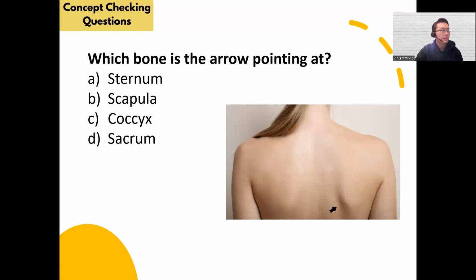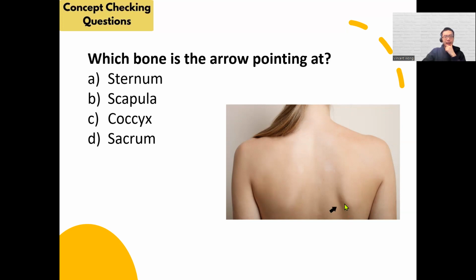What about this? Good. Most people got it right.